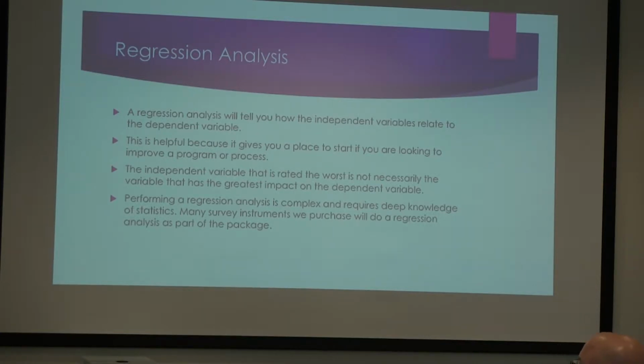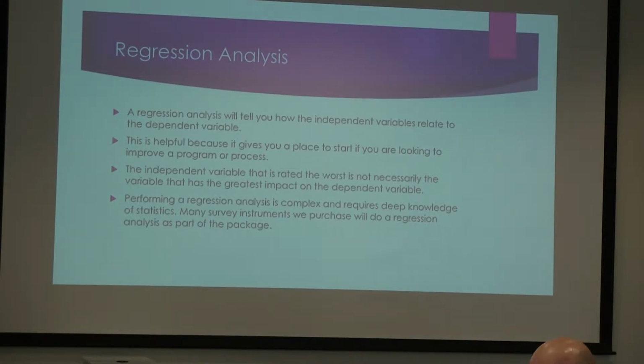And so it's helpful because it gives you a place to start if you're looking to improve a program or process. One of the interesting things I found in my time doing assessments is that the independent variable that has the greatest impact on the dependent variable is often not the thing you're doing worst in relative to your survey results.